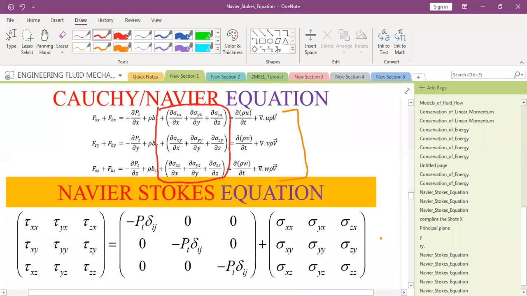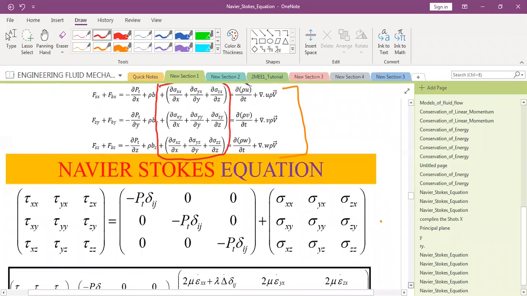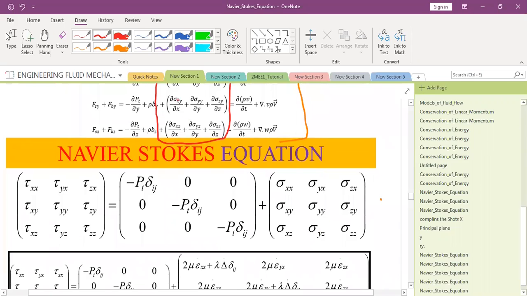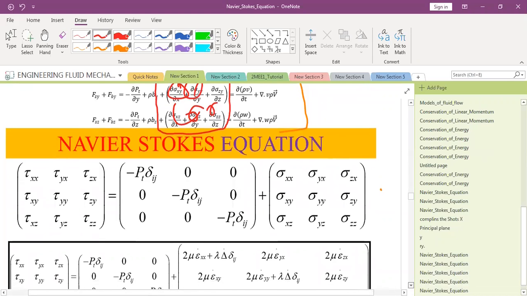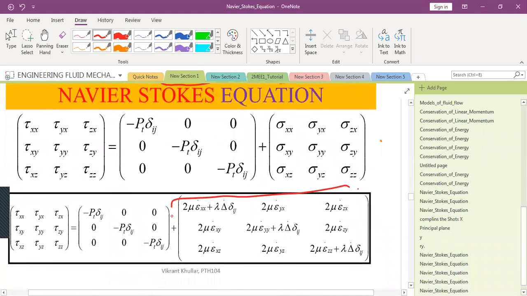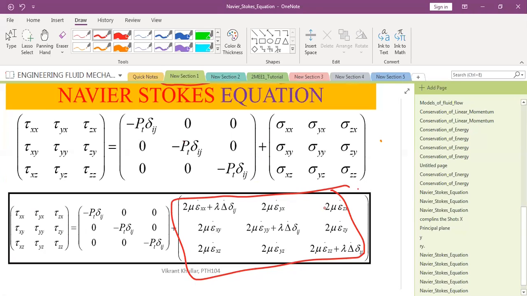Now from Cauchy-Navier to Navier-Stokes, what have we done? We have converted these stress terms into the corresponding strain rates. So that is the essence of the Navier-Stokes equation. You start with conservation of linear momentum.